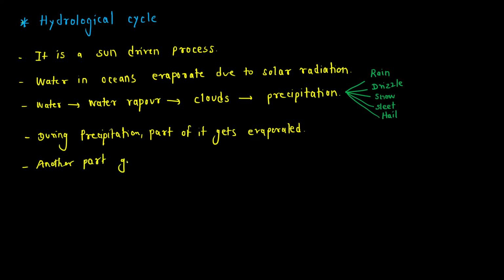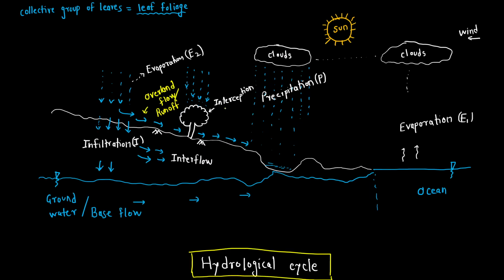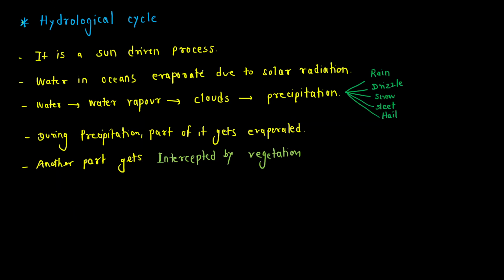Another part gets intercepted by vegetation. That process we have seen here, interception. So a certain portion of the precipitation is taken by the leaf foliage, so we call it interception.